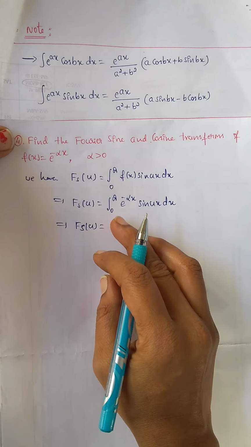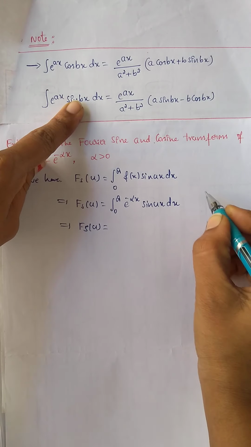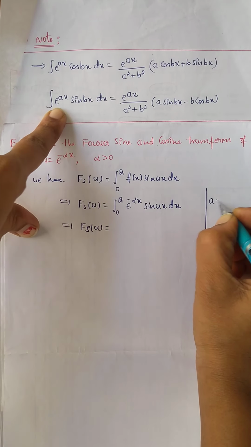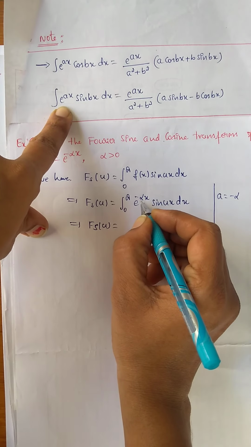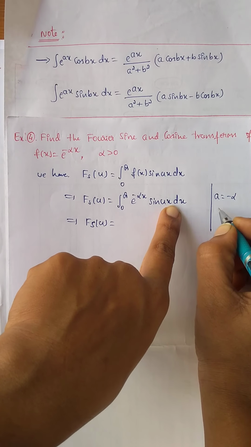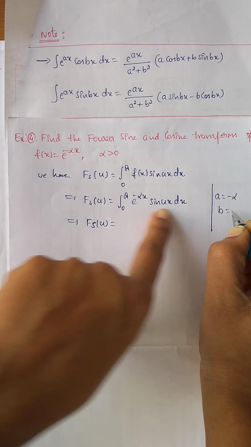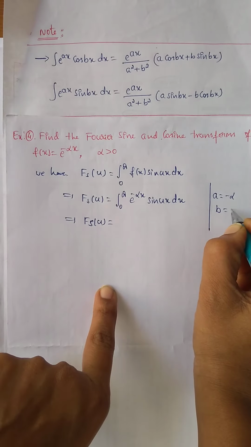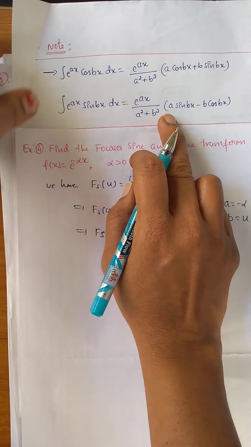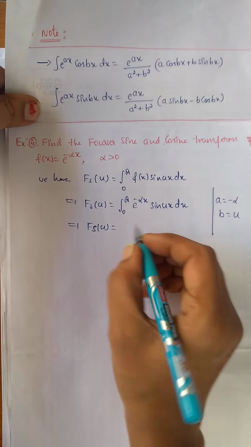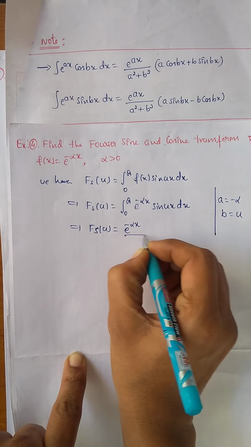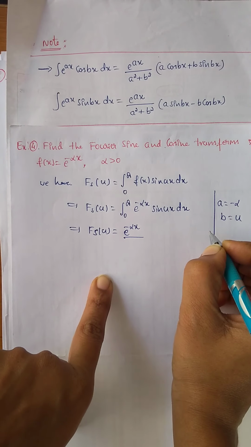Just compare this with the standard formula. Here a is minus alpha, the coefficient of x, and in sin ux the coefficient of x is u, therefore b is u. Substitute a and b in the right-hand side of the standard formula and we get the integration of this term. We get e to the power of minus alpha x, and the denominator is a square plus b square.